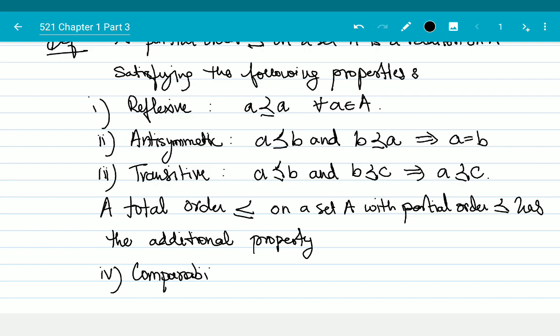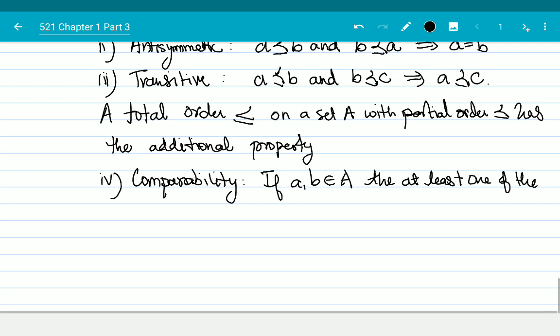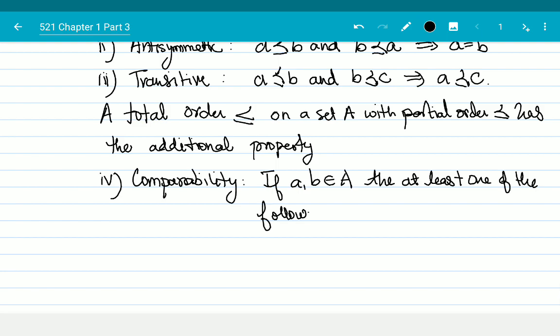Comparability. What does that mean? If I find a, b in A, then at least one of the following should hold.